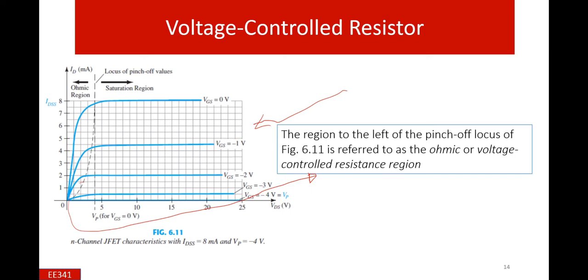By name, we usually call the first the constant current or saturation region, or linear amplification region, and the controlled portion the ohmic region or the voltage controlled region.